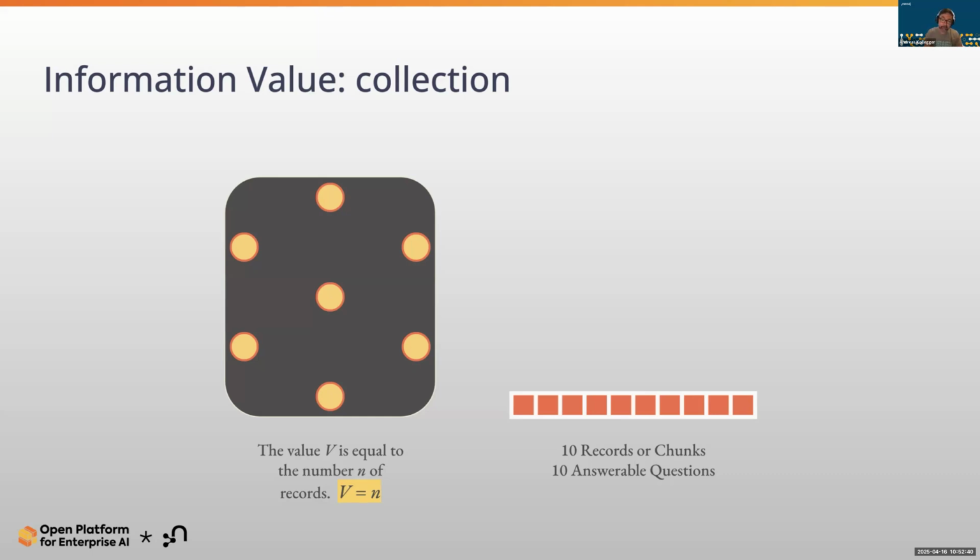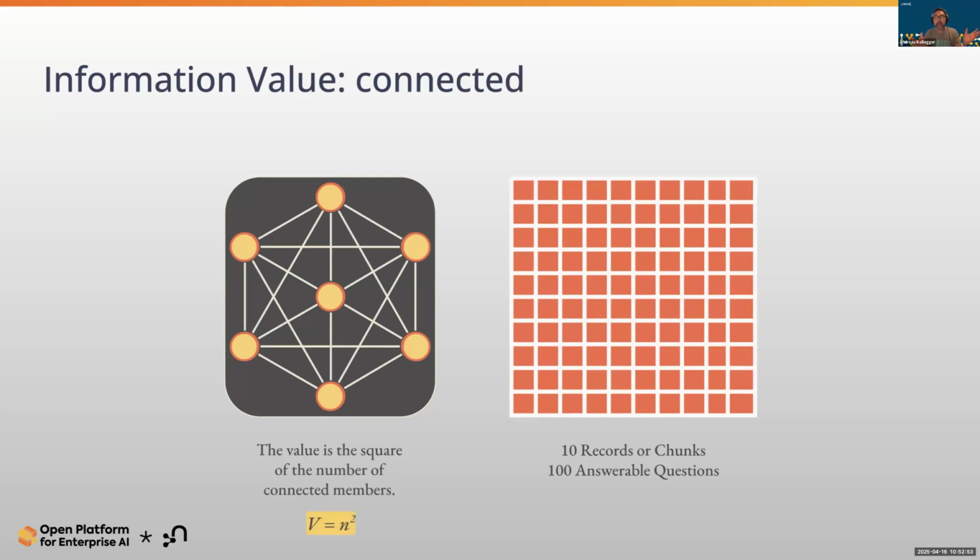It's the number of chunks you have, and the value of the overall data set is directly correlated with that. So if you've got 10 chunks, you've got 10 questions that can be answered. If you connect those chunks somehow, if you do a pairwise comparison across all the chunks and ask, how are these two things related? Every time you do that, you've created new information. It's not just that you've related them, you've actually created new information at that point.